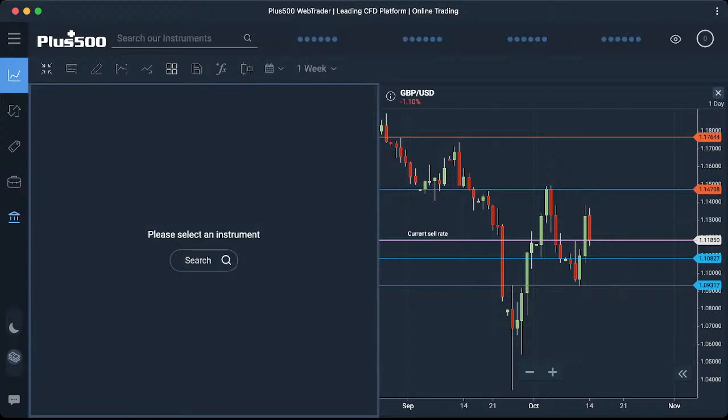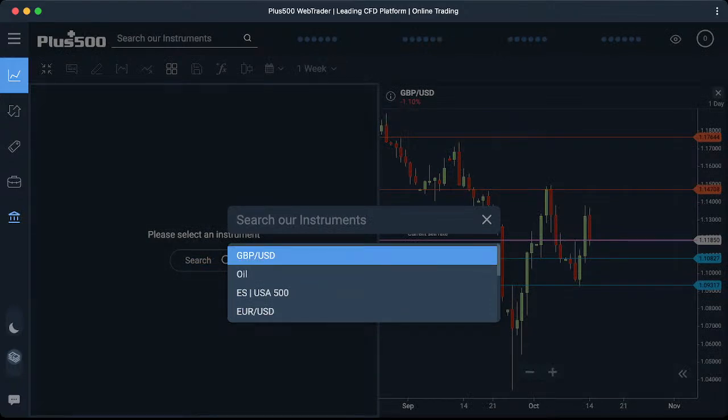This was the pound dollar, and now I'm going to show you the US500.